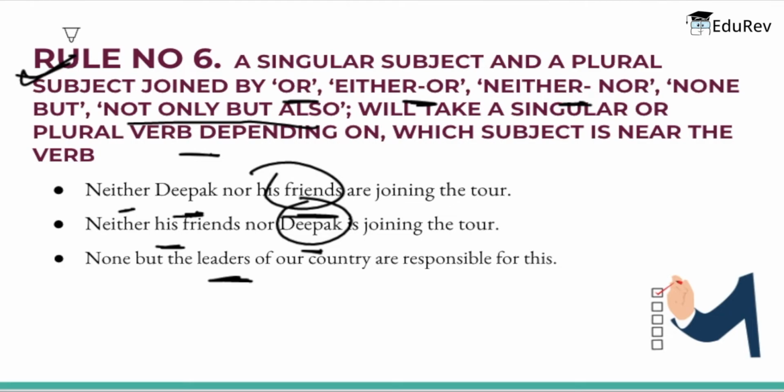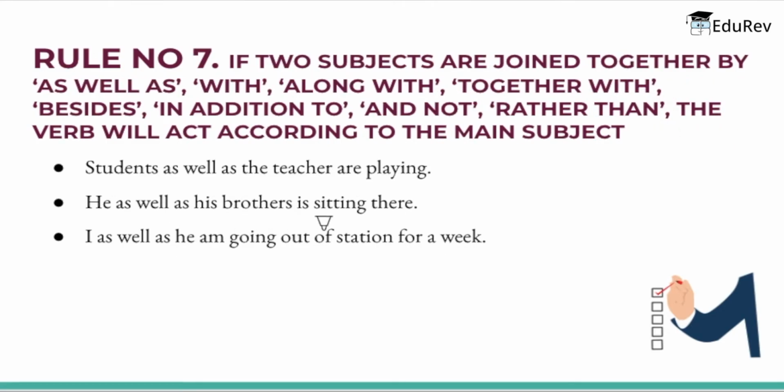Okay. So let's move further to rule number 7. Rule number 7 states that if two subjects are joined together by as well, with, along with, together with, besides, in addition to, and not, rather than, the verbs will act according to the main subject. Let's see in examples.